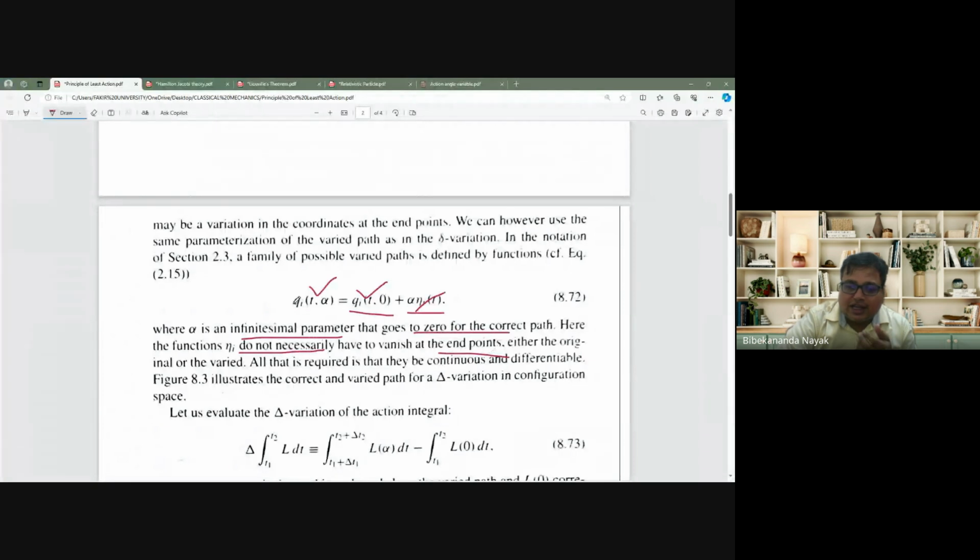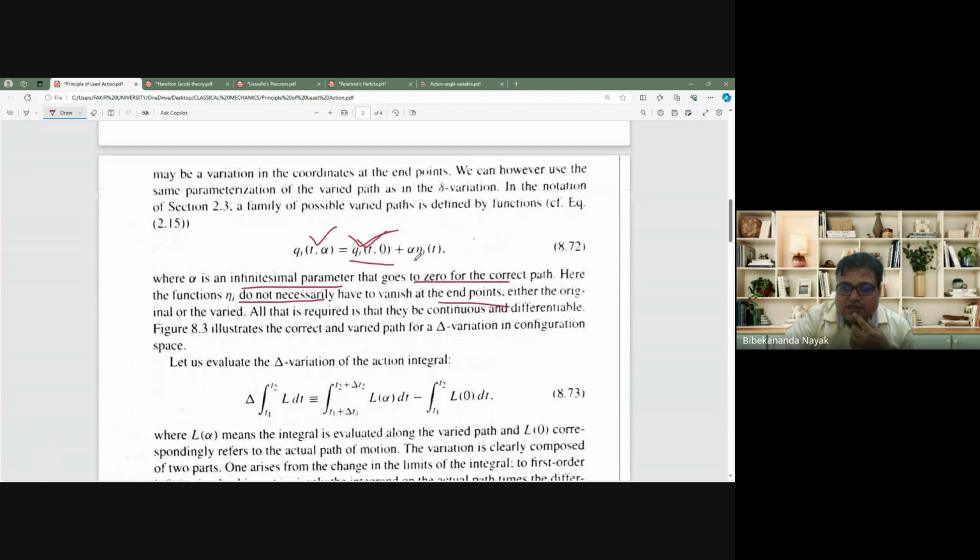So we can take another path and the exact path, and when both are the same, alpha is equal to 0, but the endpoints of both are the same. That means at t equal to t1, both are the same, and at t equal to t2, both are the same. Since eta is a t-dependent quantity, eta is 0 at t1 and eta is also 0 at t2. Okay.